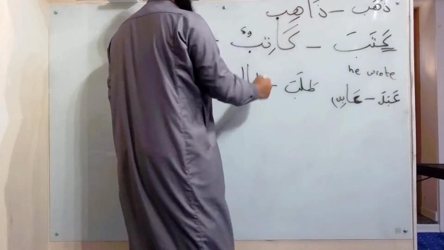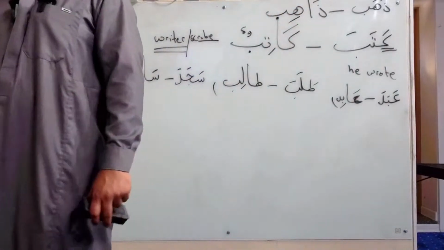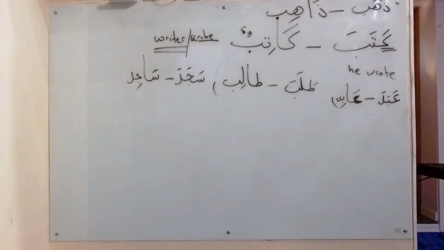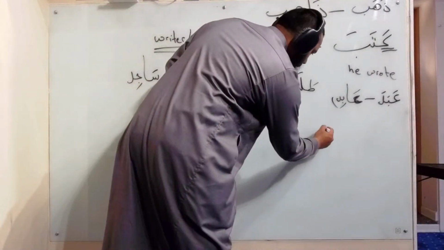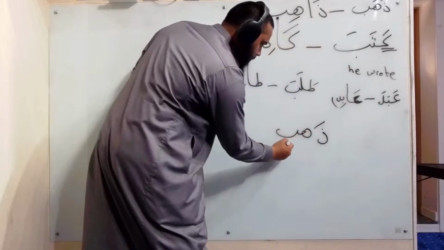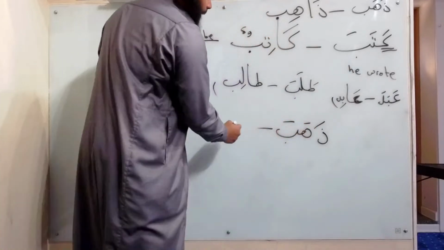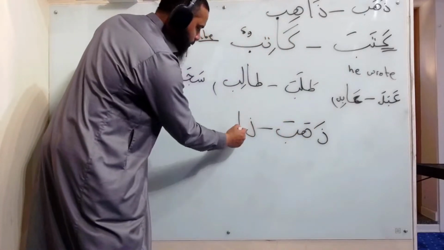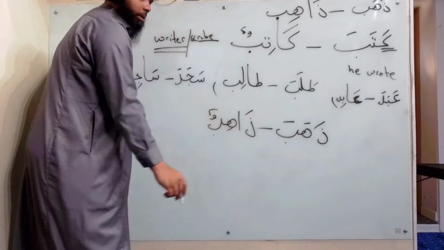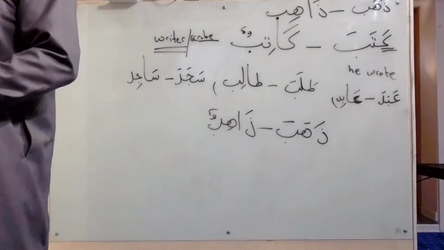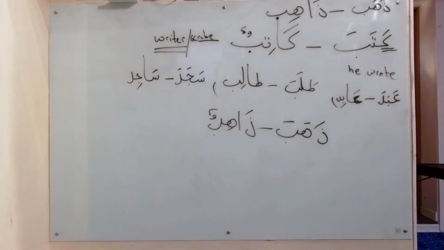Dhahib is going to be the goer. Let's put this one back at the bottom here. So dhahaba, he went. The one who goes, the goer, dhahib. So this is the revision.